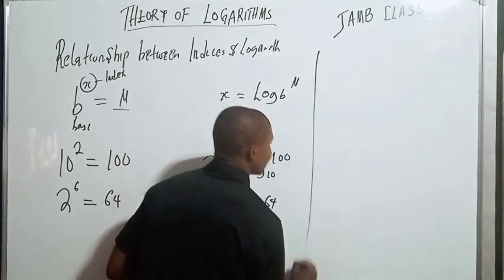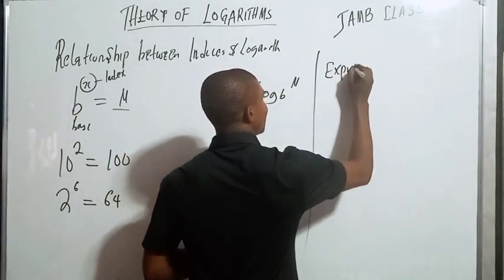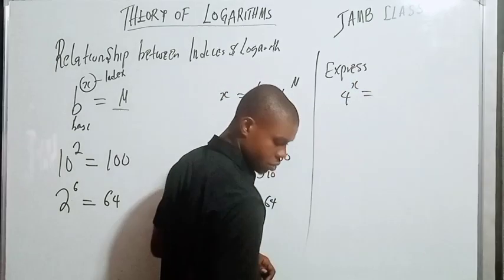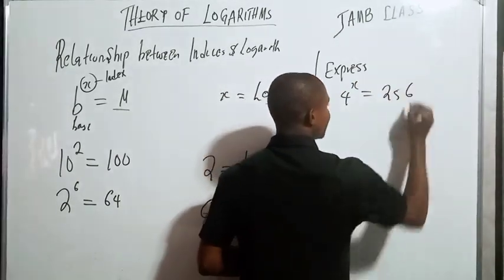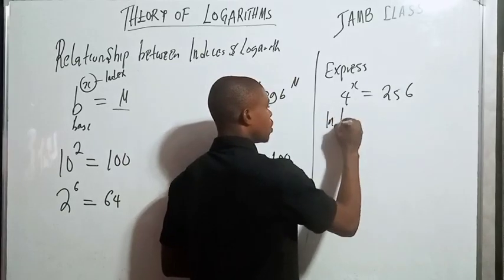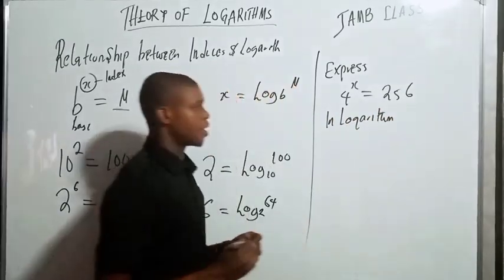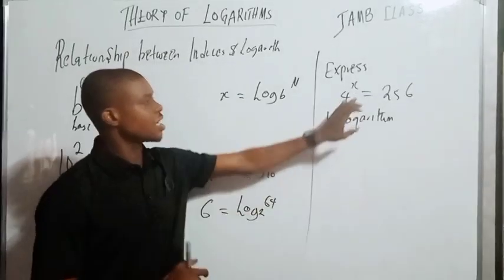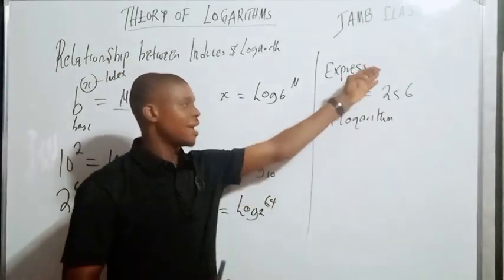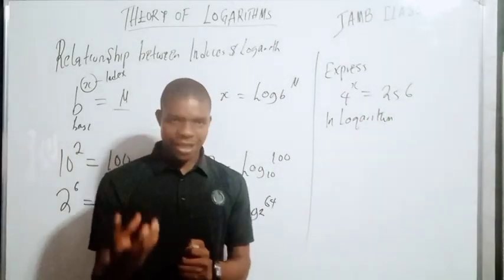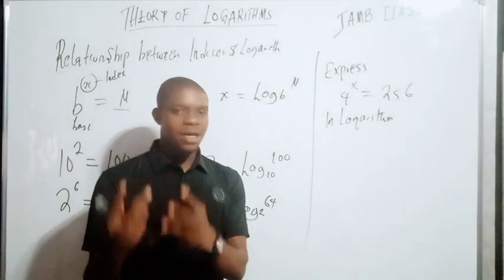If you are asked to express 4 raised to x equals 256 in logarithm, how do you do this? If you are asked to express 4 raised to x equals 256 in logarithm format, how do you do that?